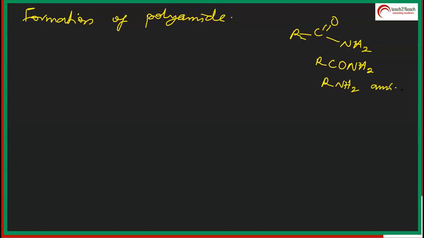If it is your RCOOH, it's called a carboxylic acid. But if this OH is taken and replaced by NH2, then it is called an amide.